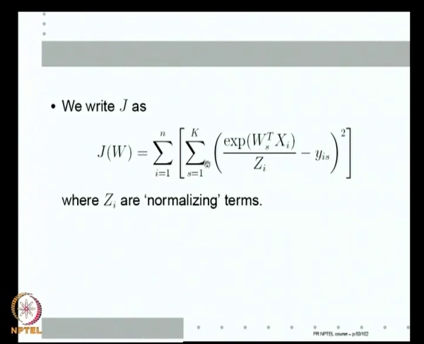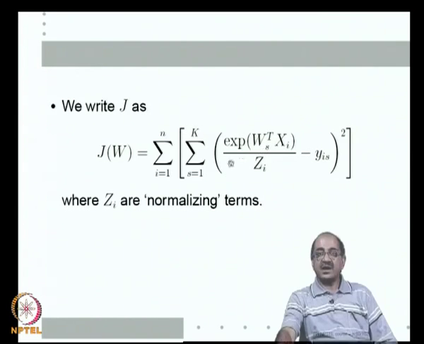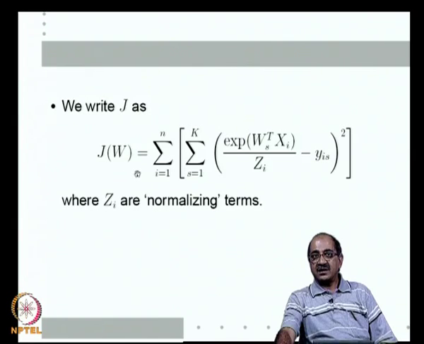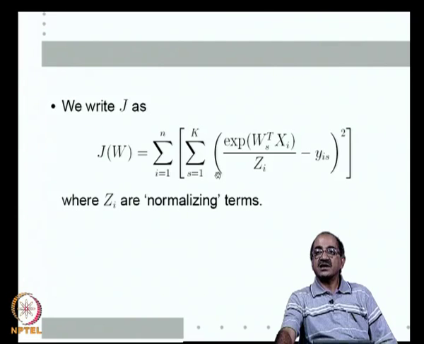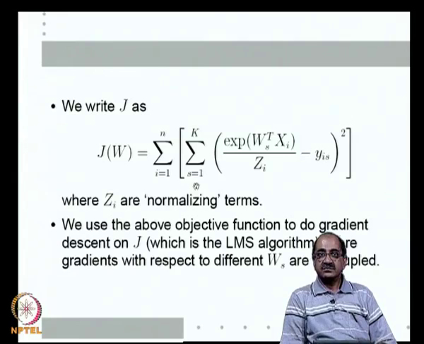Now, I pretend that the Z_i's are constants, they are dependent on i, but otherwise they are not dependent on Ws. Then if I take the gradient of this with respect to W1, only the s equal to 1 term in this summation contributes. Similarly, if I want gradient with respect to W2, only the s equal to 2 term in this inner summation contributes. So, once again all my Ws will get decoupled.